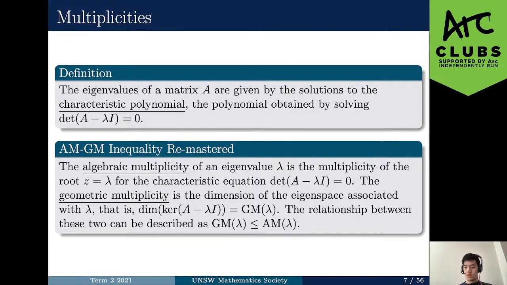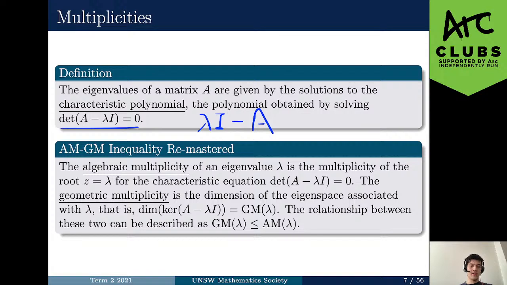Then we have the idea of multiplicities. The eigenvalues of a matrix are given by the solutions to the characteristic polynomial, which is obtained by solving this. In your lectures, you might have seen it written as lambda I minus A instead. These give the same thing: determinant equals 0, whether I look at A minus lambda I or lambda I minus A, you get the same values for lambda.